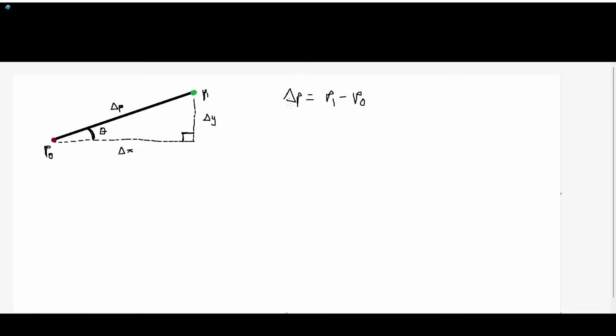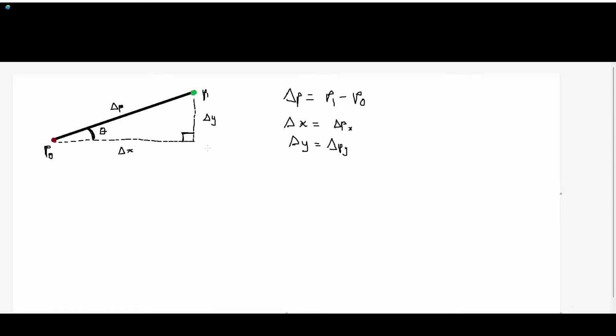Alright, and with this, we can also get delta x is equal to the x part of delta p. So we'll just do delta p, and then we'll subscript x. Then delta y is equal to delta p, subscript y. So now we have these two.